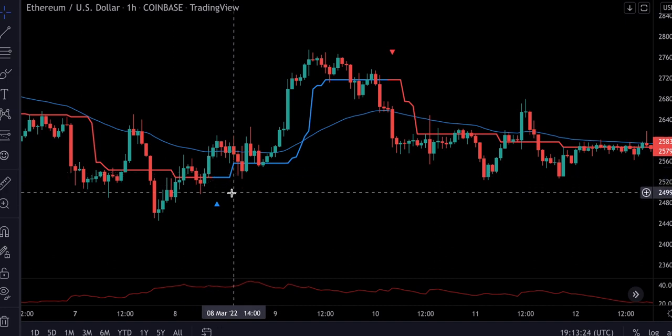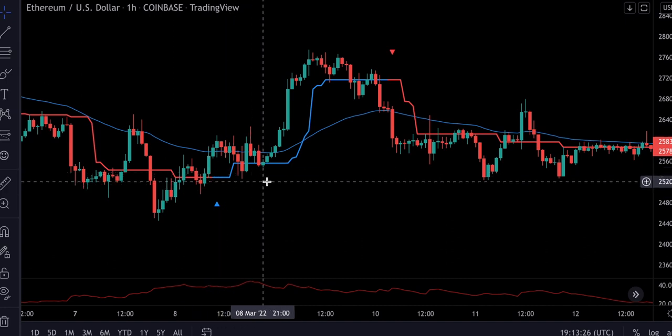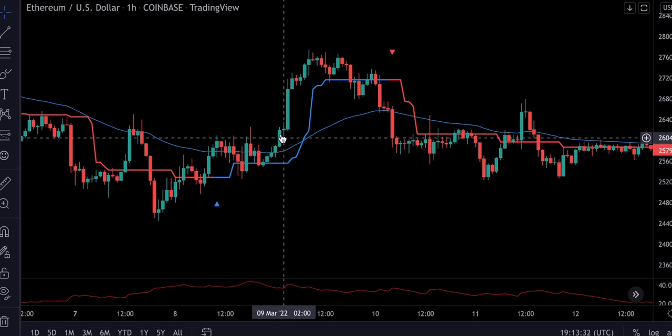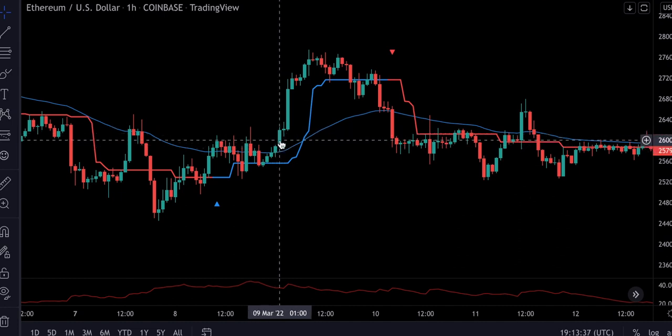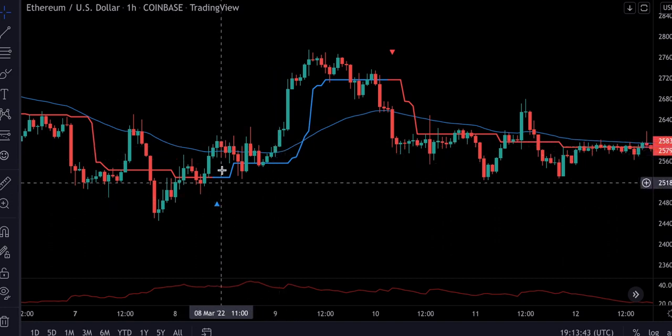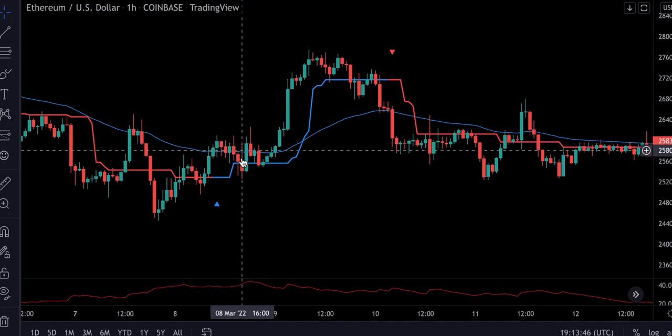Also, if we have a signal to go long and the price is below the moving average, we have to wait until the price actually crosses and closes above the moving average, and we have at least 2 consecutive candlesticks that close above the moving average, if that makes sense, just like it happened right here. For example, we had a long signal right here, but imagine the price is below the moving average.